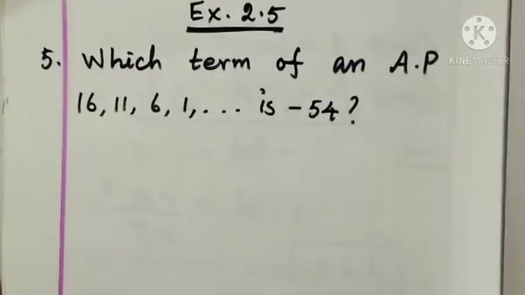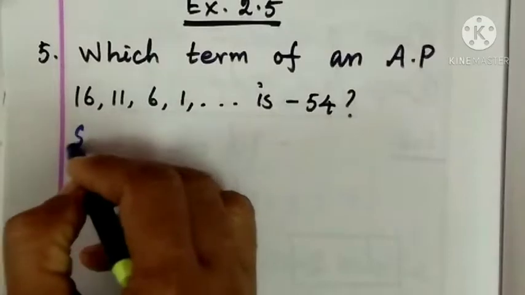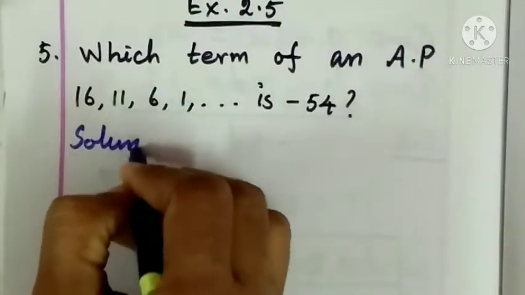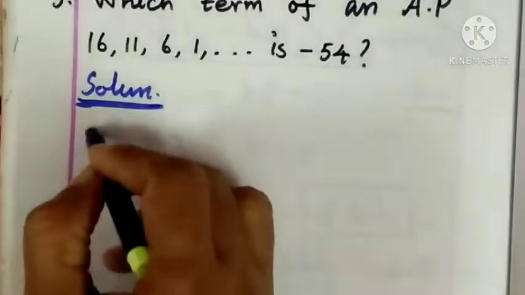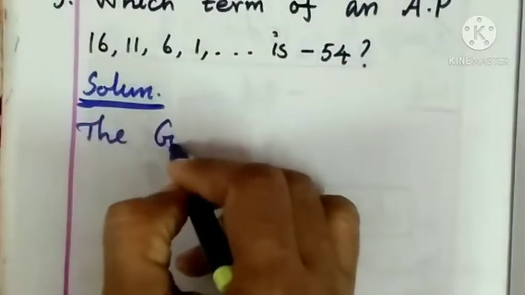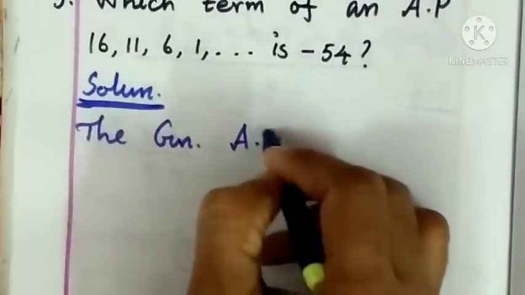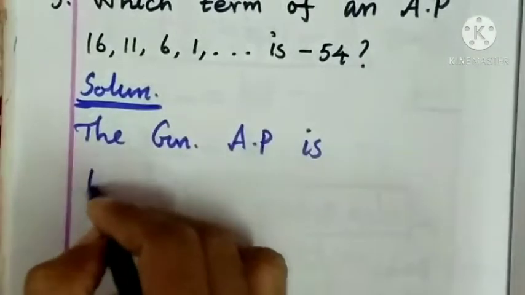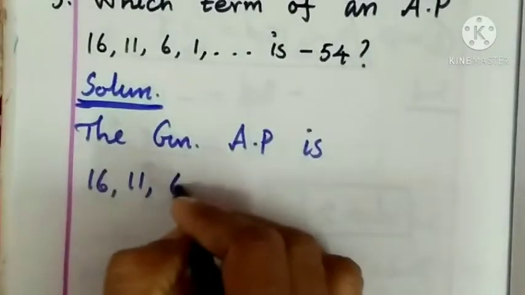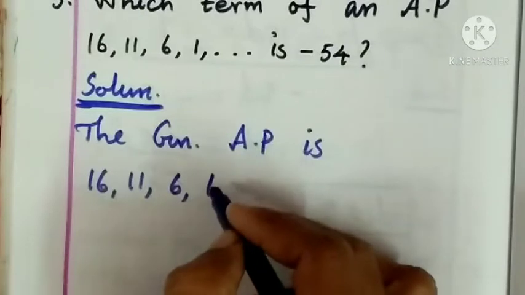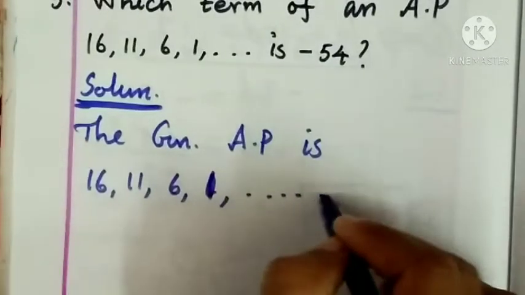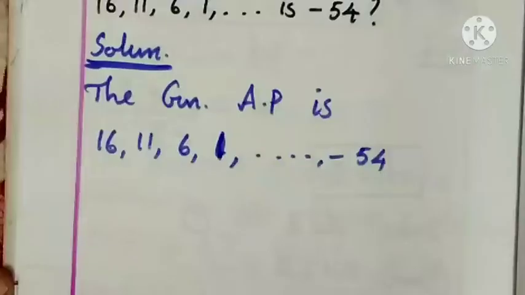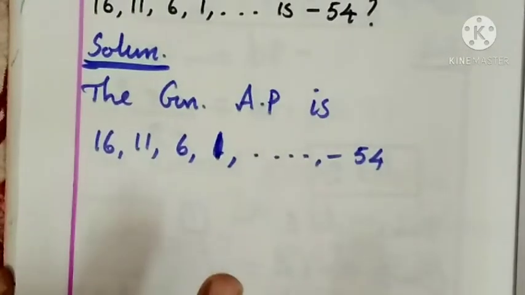See, let us do the solution. First, you take down and write the given AP. The given AP is 16, 11, 6, 1, up to minus 54. Let us do this sum in two ways.